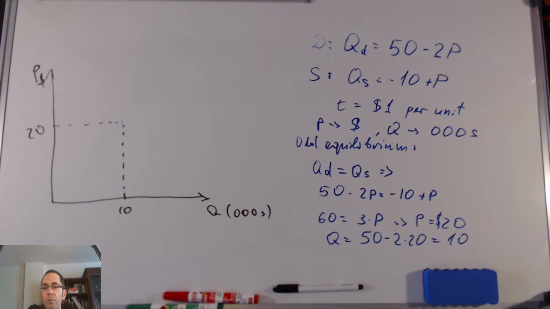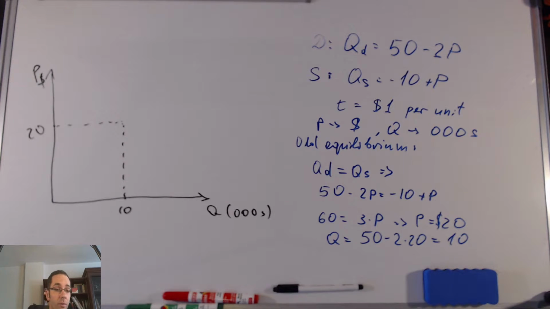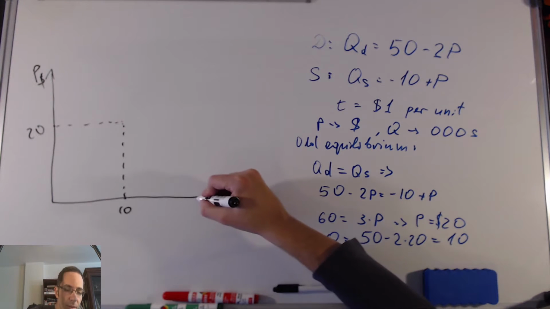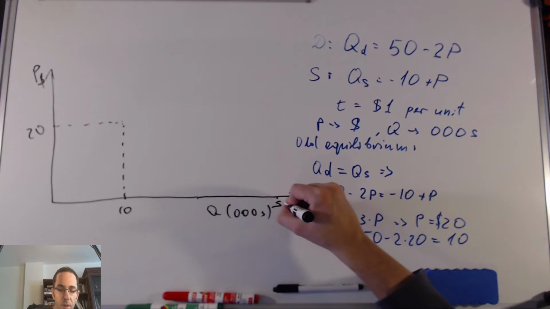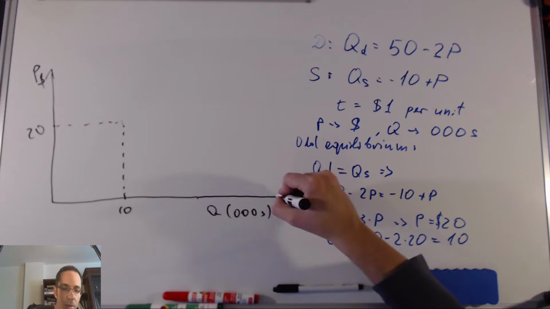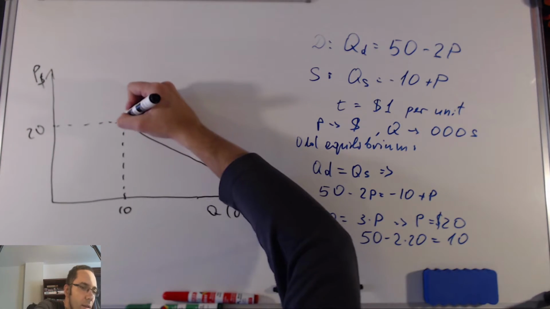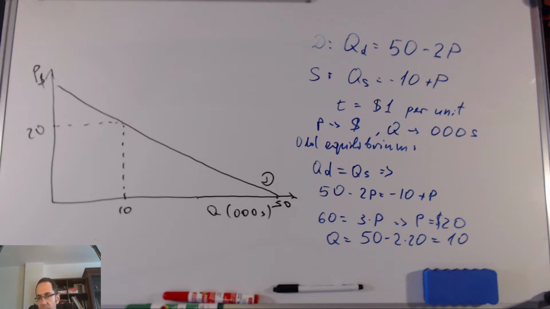And if we want to draw it to scale, when the price is 0, quantity demanded will be equal to 50. Okay, so this is not a perfect to scale example, but hopefully you get the idea. Let's say this is where 50 will be, and connecting these two points like that, this will be our demand.